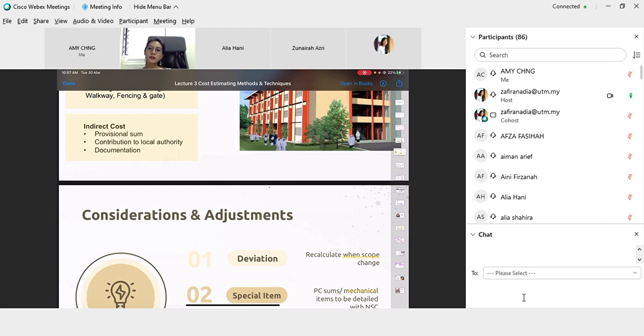Nasiruddin. Okay, exclude from attendance. Next.